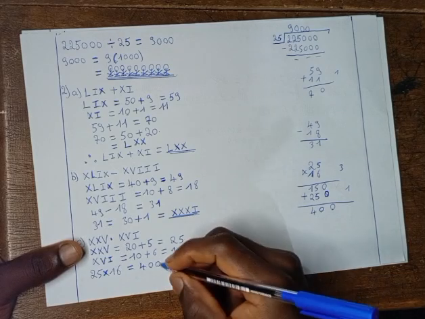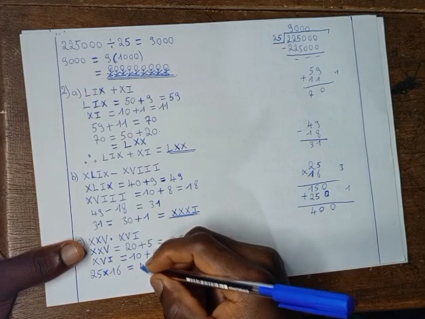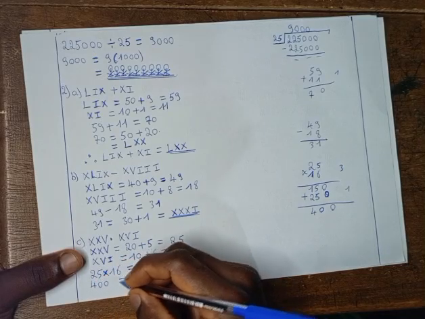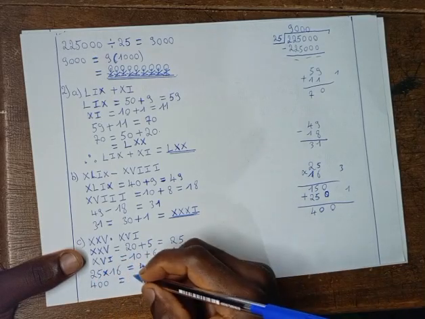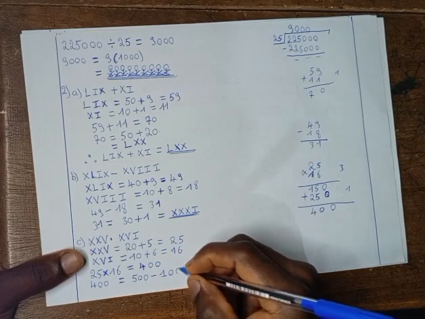Next step, now we have to convert 400 to Roman numerals. 400 can be written as 500 minus 100.